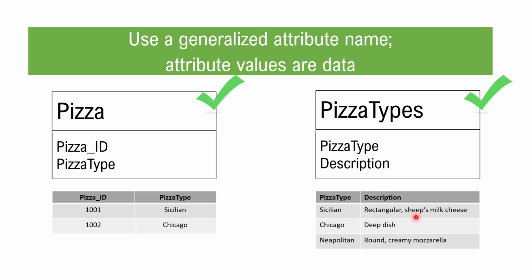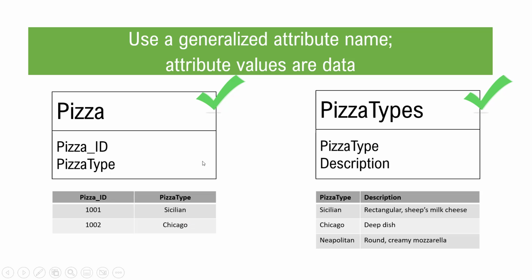It's made with sheep's milk cheese. The Chicago pizza is a deep dish pizza. Neapolitan is usually round and has to use creamy mozzarella, and so on. So different types of pizza can be described, and then the pizza data entity, its attribute pizza type, will take on one of the possible values.